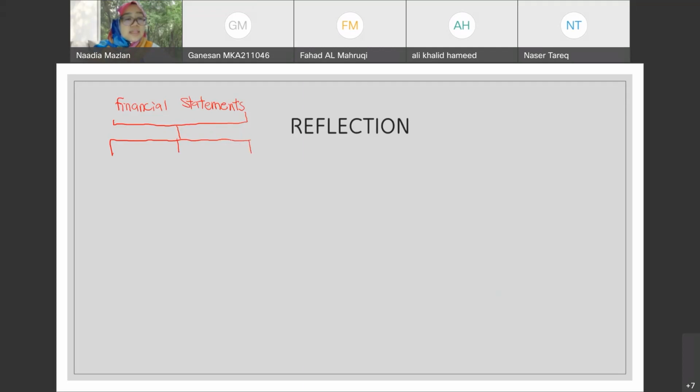The first one is the income statement. The second one is the balance sheet. And finally, the cash flow statement.